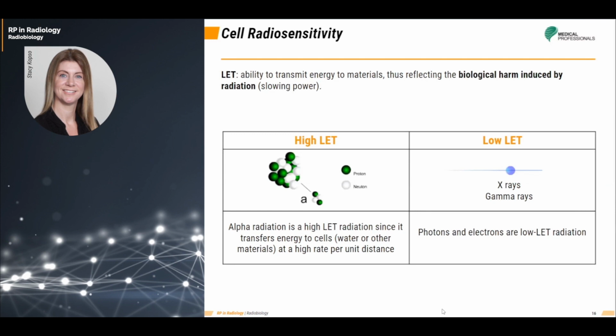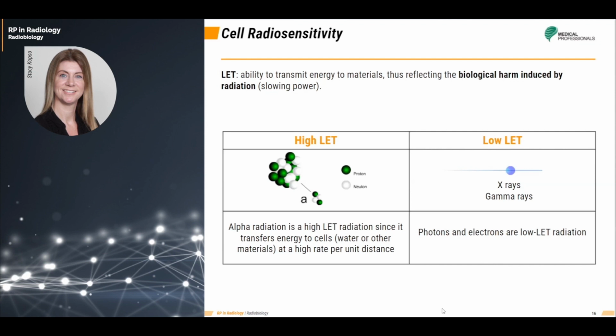How susceptible cells are to radiation-induced damage is a function of several factors. One is the linear energy transfer of the radiation, which is the amount of energy in kiloelectronvolts deposited in tissue per linear micron. The more energy deposited per linear micron, the higher the radiation's LET. Tissues are more sensitive to high LET radiation.